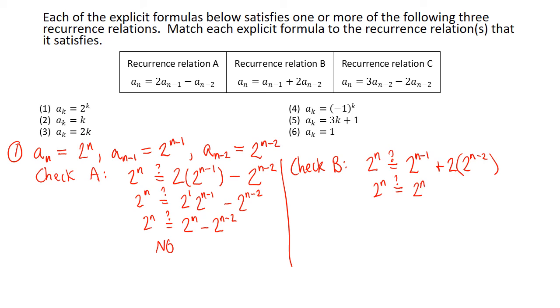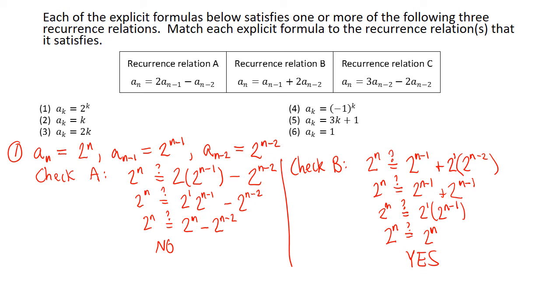So this is going to be 2 to the n minus 1, and then this one I can write as 2 to the n minus 1, because this is 2 to the 1 here, and then I can add the exponents together, and what I've really got is 2 times 2 to the n minus 1. I can do the same process again and add the exponents together, and this will be 2 to the n. Okay, so this one actually does work. So that's a yes.